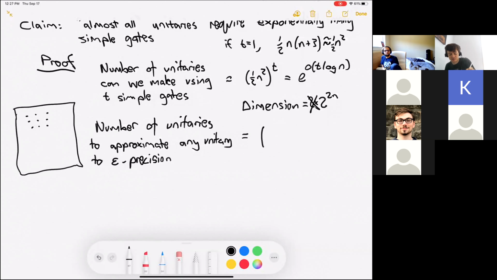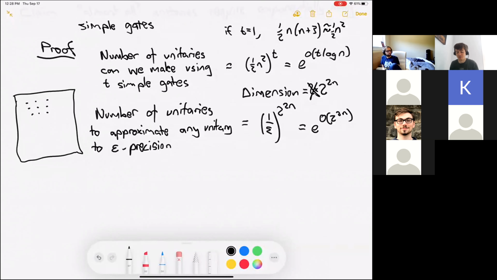So what that means is that the number of unitaries we need to make this grid looks like 1 over epsilon to the power of the dimension of the grid, right? We need 1 over epsilon points along each direction, and we have 2 to the 2n directions. So the total number of things looks like 1 over epsilon to the 2 to the 2n. This is order e to the order 2 to the 2n if we don't care too much about the epsilons.